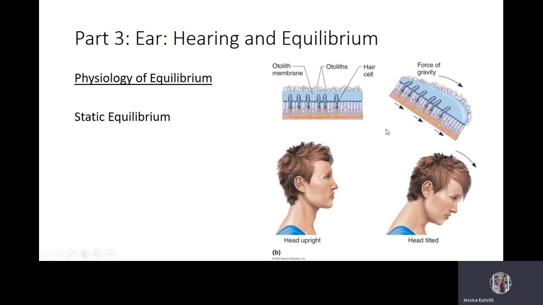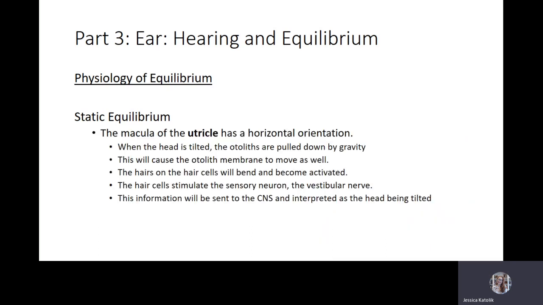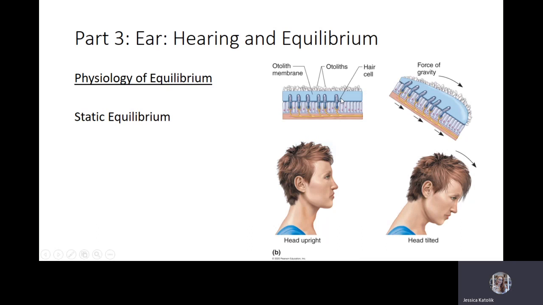So here we're looking at the macula of the utricle, and it is horizontally oriented in the utricle. And when our head is upright, the otolith membrane will be sitting and resting directly on top of the hair cells and supporting cells. And the otoliths will be on top of that. And the hair cells will not be bending in any particular direction.